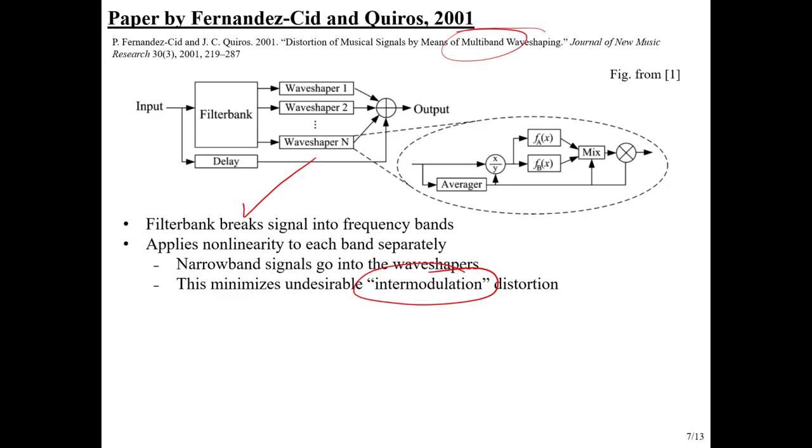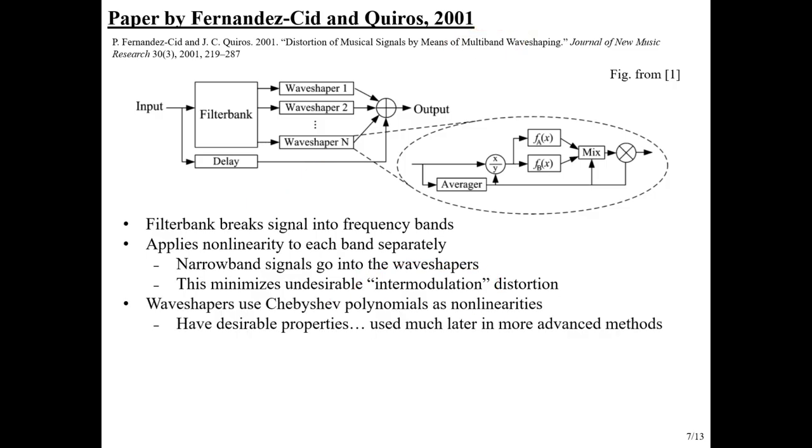So this is trying to reduce the amount of undesirable intermodulation distortion. So that's the idea. And then this is just describing what the paper says, and also what is characterized in reference 1.